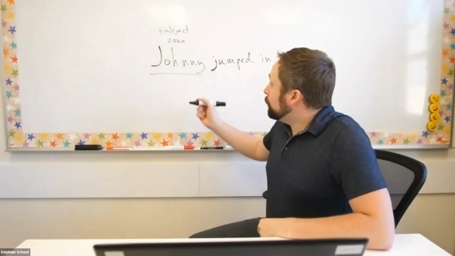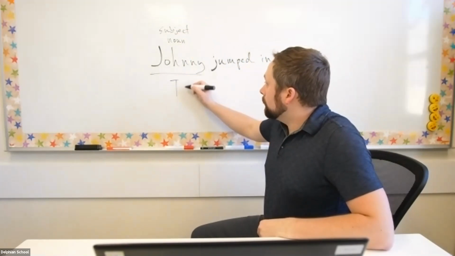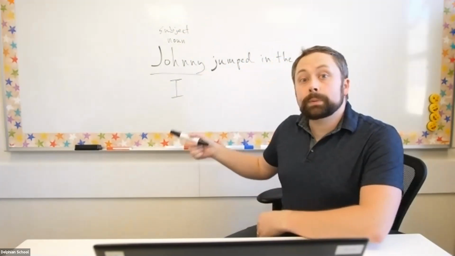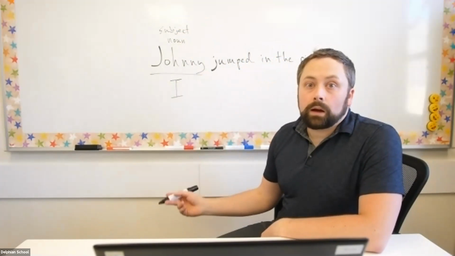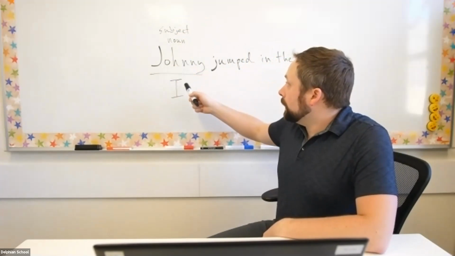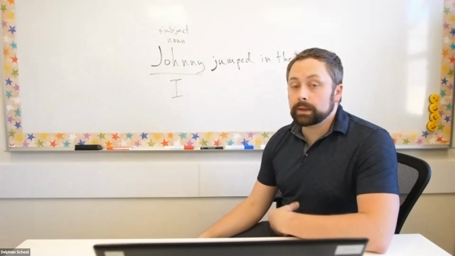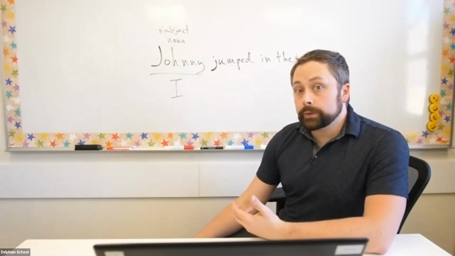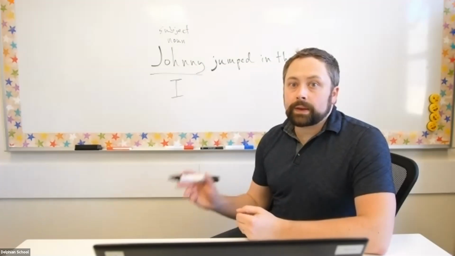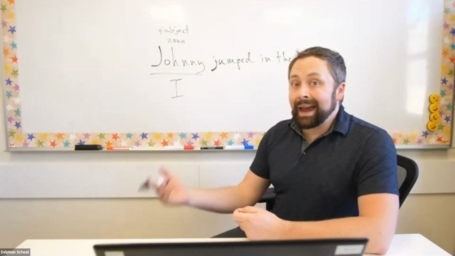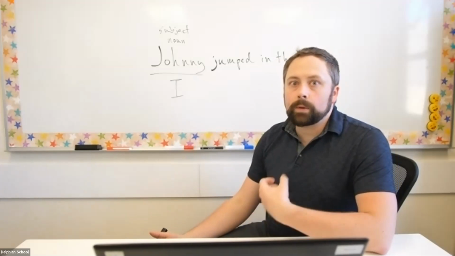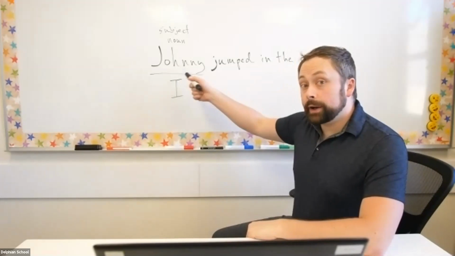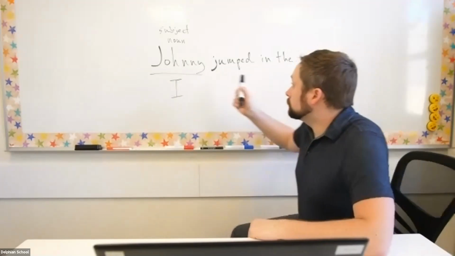You could also put I here. And then I, which is a pronoun, would be the subject of the sentence. So nouns and pronouns can both be the subject of a sentence. They're the thing that the sentence is about, and they're also the thing or the person that's going to do the action of the sentence or be the beingness of the sentence. But here, Johnny jumped in the river.